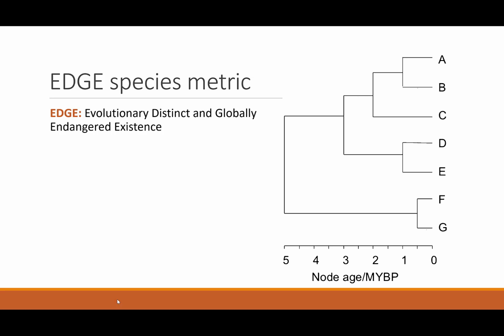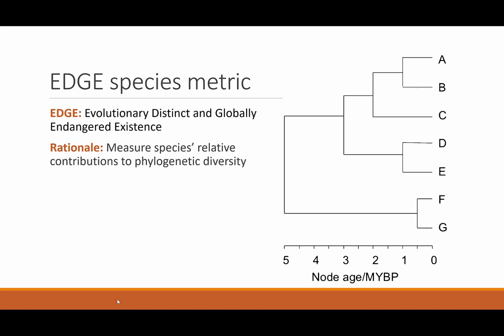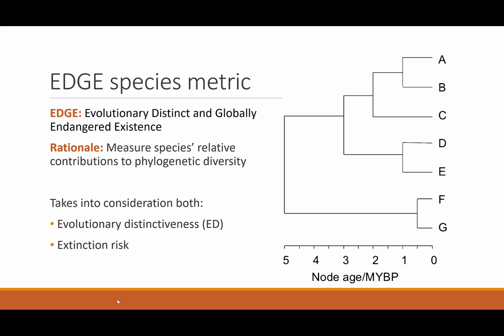And how this works is we're basically going to measure species' relative contributions to phylogenetic diversity, and that's the evolutionary distinctiveness measure, but we're also going to consider their status. So we're going to measure evolutionary distinctiveness first, which I will do here, and then we're going to talk about the extinction risk.